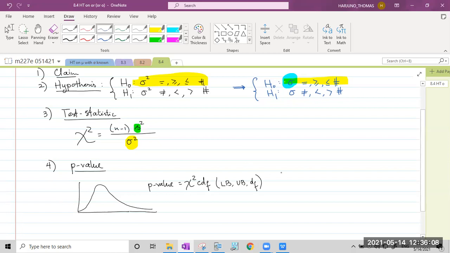For the critical value, you will use inverse chi-squared. Chi-squared critical equals inverse chi-squared, then the area to the right, and then the degree of freedom.